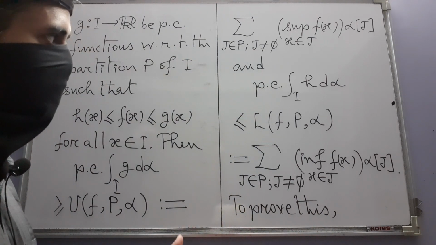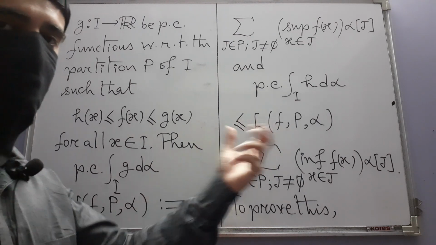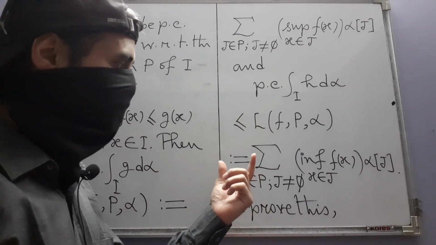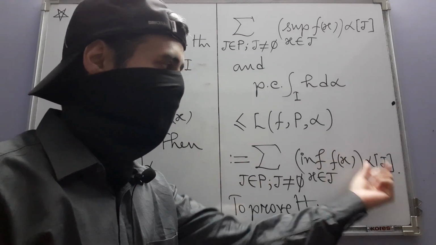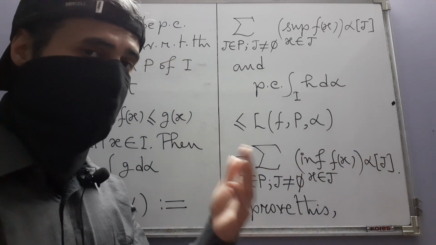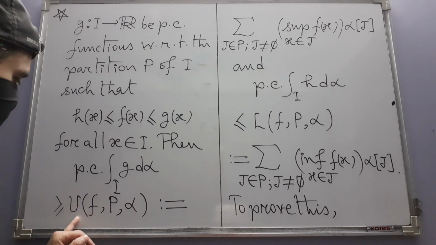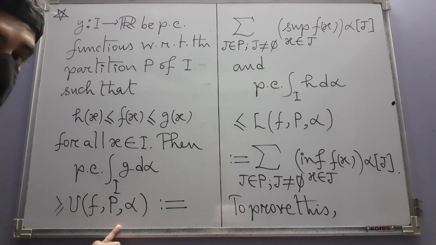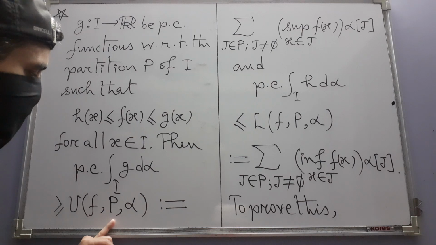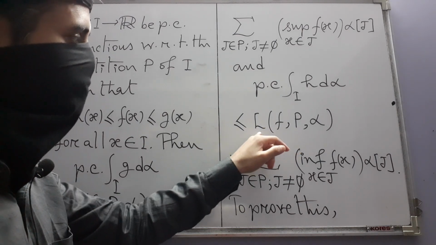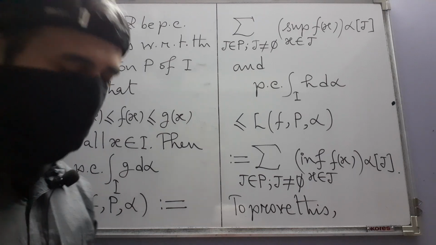I mean, you just go to the proof of the original lemma, and there you just replace ordinary lengths by alpha length, and wherever you see ordinary upper Riemann sum U(f, P), you replace that with these quantities. Wherever you see L(f, P), you replace that with this.